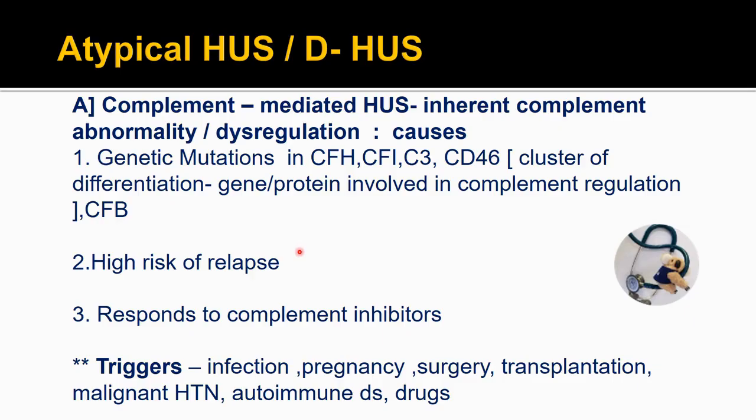In this type there is a high risk of relapse, and this type responds to complement inhibitors. Certain monoclonal antibodies are complement inhibitors, so they respond to this. And this type of HUS is triggered by infection, pregnancy, surgery, organ transplantation, malignant hypertension, autoimmune disease, and certain drugs.